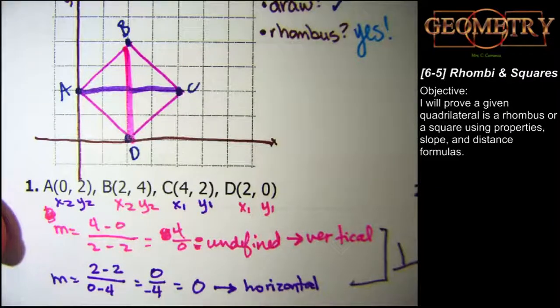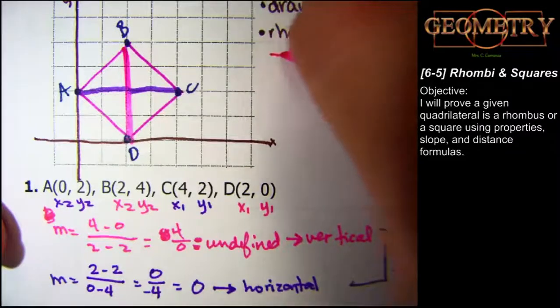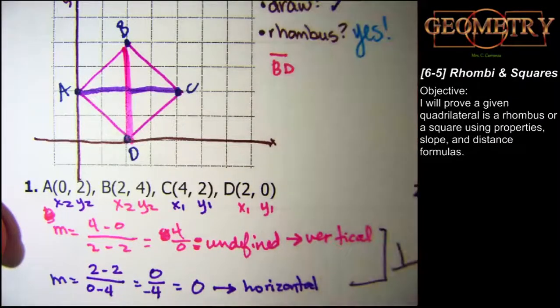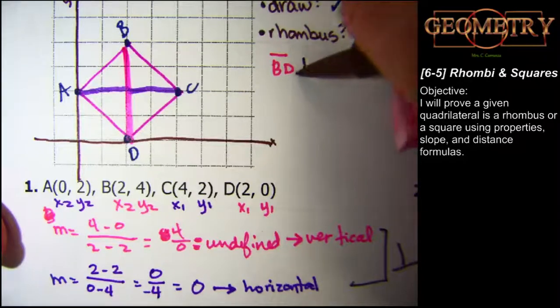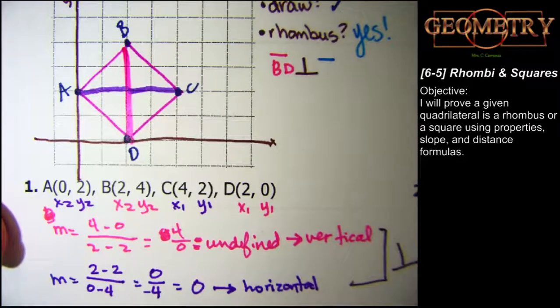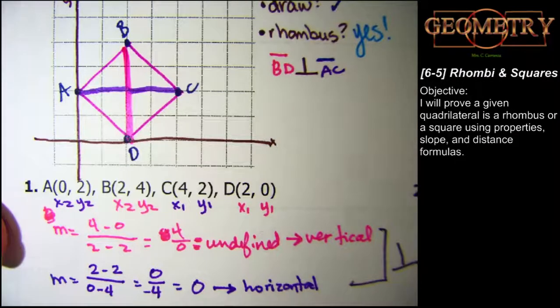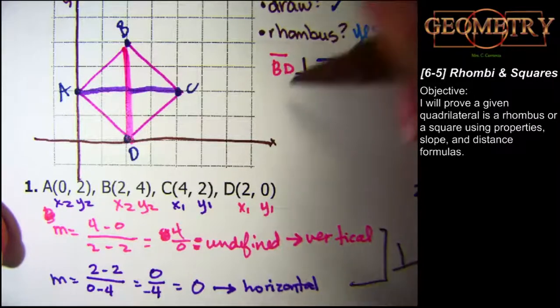So I'm going to write yes next to rhombus, and now I'm going to write my reason why. It's a rhombus because the diagonal line segment BD is perpendicular to the diagonal line segment AC. And I can check off rhombus.